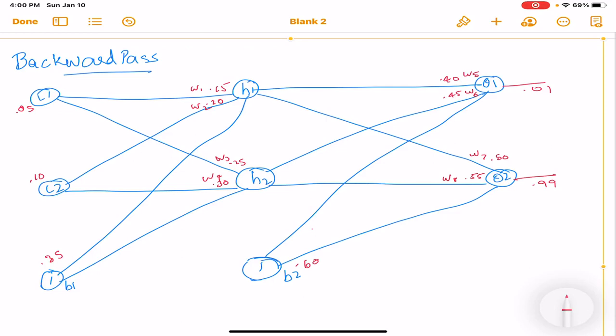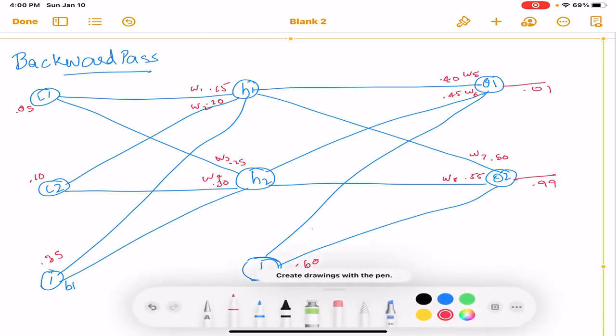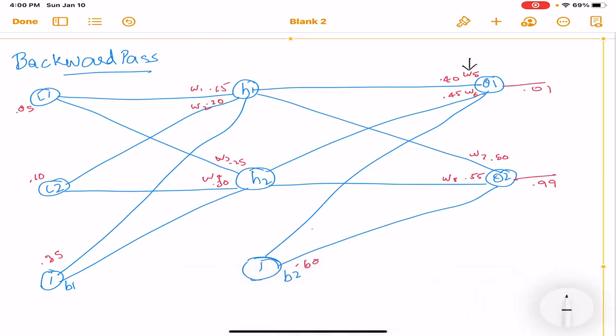0.55. As I have mentioned, during the backward pass we are trying to adjust these weight values so that the total error of the network becomes minimum. Let us first start with W5. We have to propagate backwards, so the first set of weights we will update is W5, W6, W7 and W8.